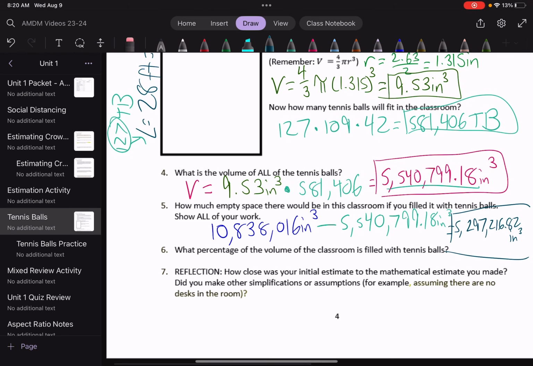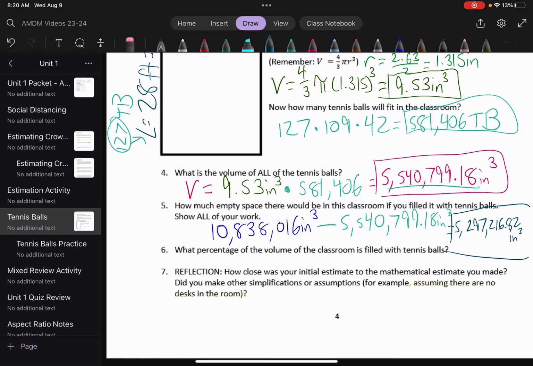Last thing we need to do here, and I'm going to write this towards the bottom, is reflect on the volume of the classroom that's filled with the tennis balls. So I'm going to do a comparison here.